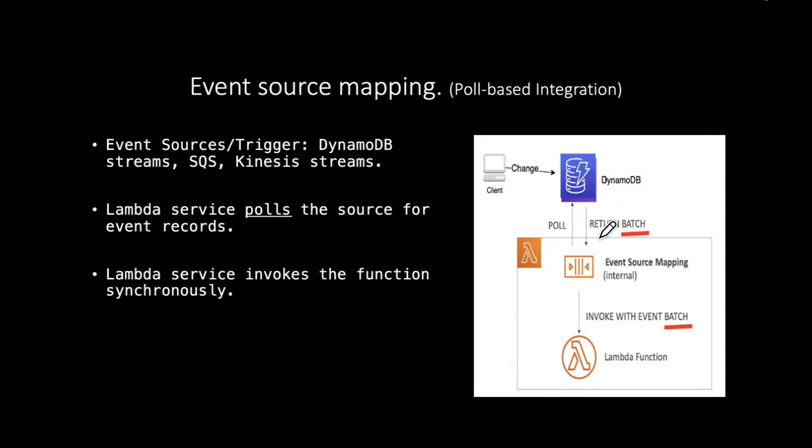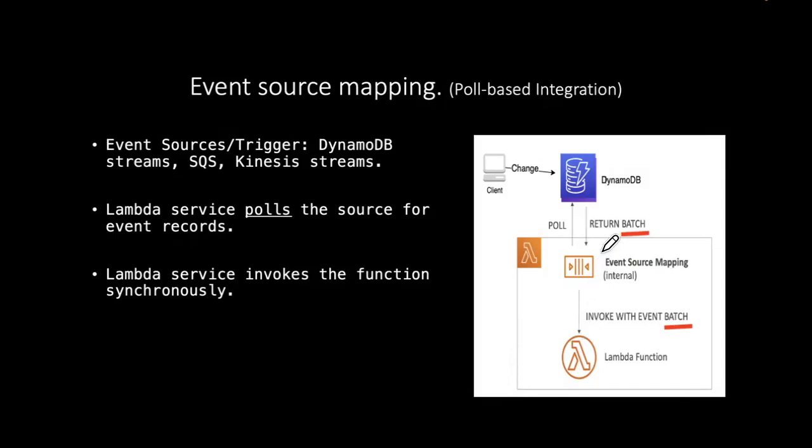This record was added, this record was deleted, these two records were updated. So it's a batch of changes. It gives the batch of changes back to the Lambda service. Again, the Lambda service stores those in some sort of internal data structure, a queue. And again, the Lambda service calls the Lambda function, passing it the contents of this queue.